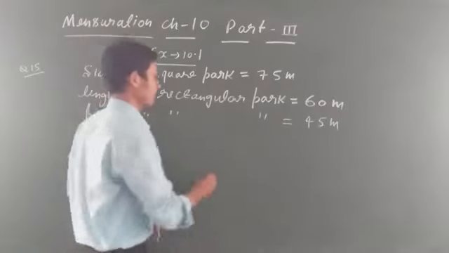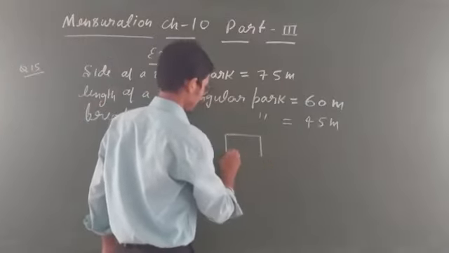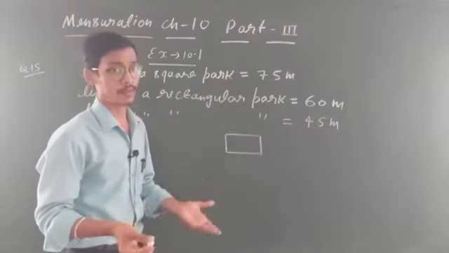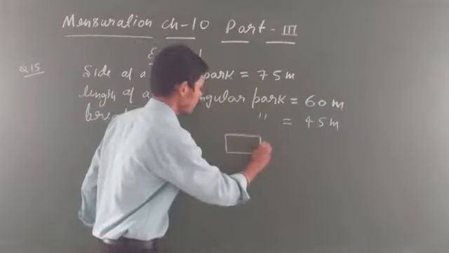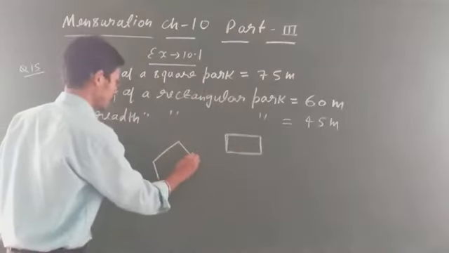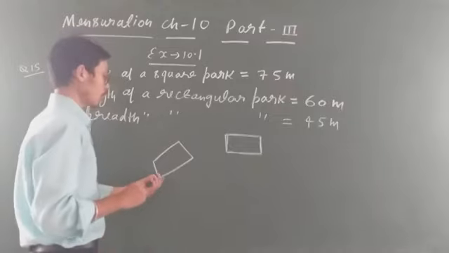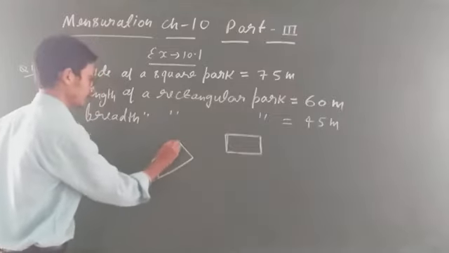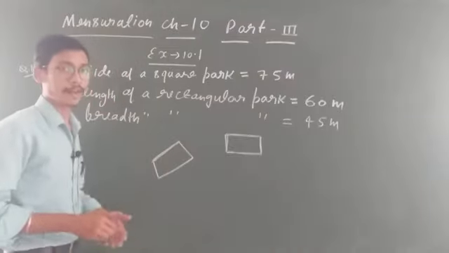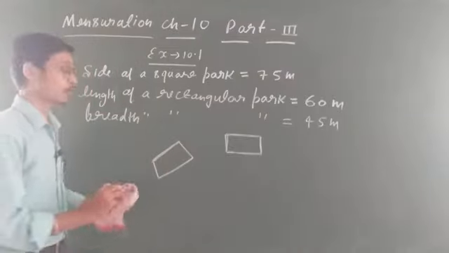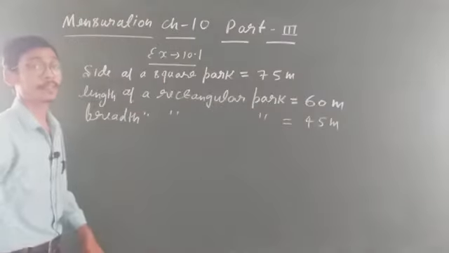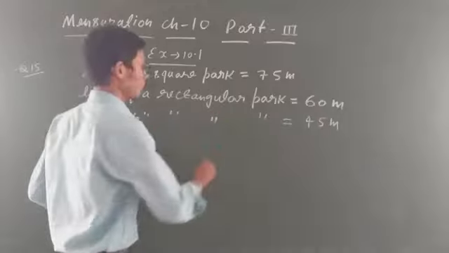Let us suppose this is a rectangle and you have to find out the total distance. What will you do? You will add all four sides. If a diagram like this is given and you have to find the total length, you will add all the sides. Total length means total distance, and total distance means perimeter.